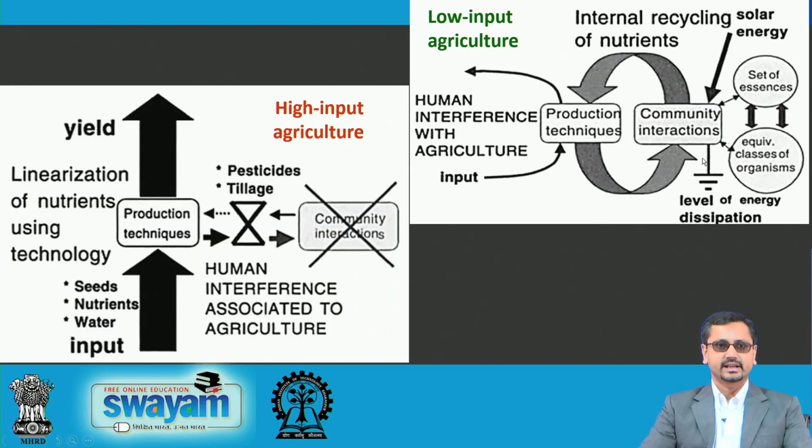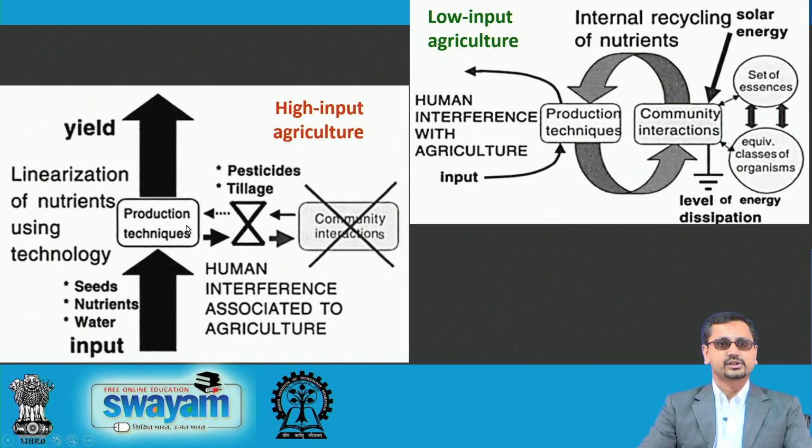Whereas today's modern agriculture is obviously considered as high input agriculture, where the inputs remain almost the same: the seeds, nutrient, water, which are the basic inputs anyway, irrespective of the level of inputs in agriculture. But the utilization is made with linearization of nutrients with the use of heavy technological inputs in order to linearize the inputs of nutrients to maximize the yield.